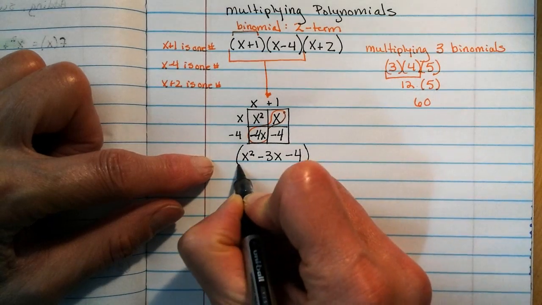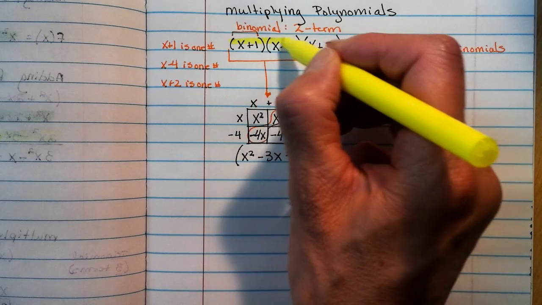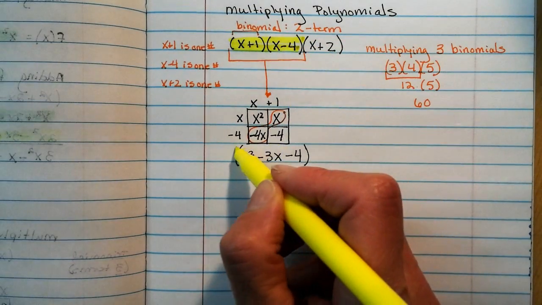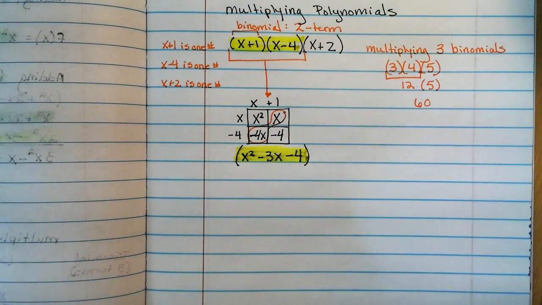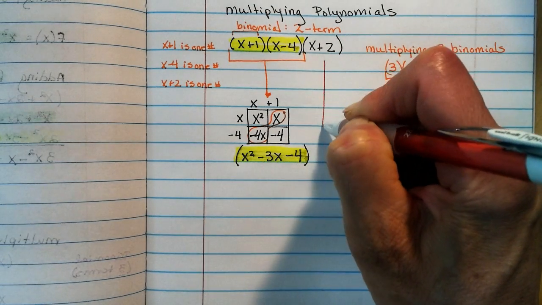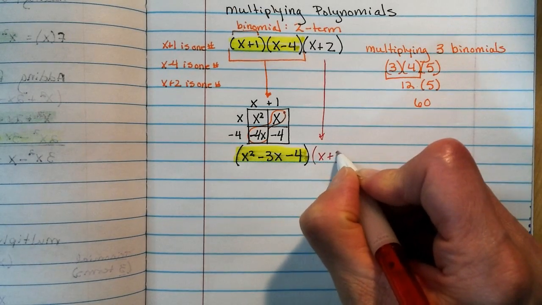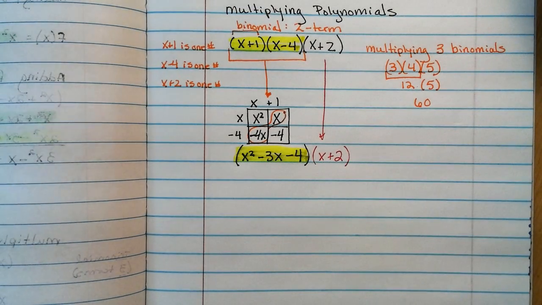Okay? So remember, that was this. So I just simply did that part of the problem. But I have one part that I haven't done yet, and I have to make sure I don't forget it. So that's x plus 2 that's being multiplied there.